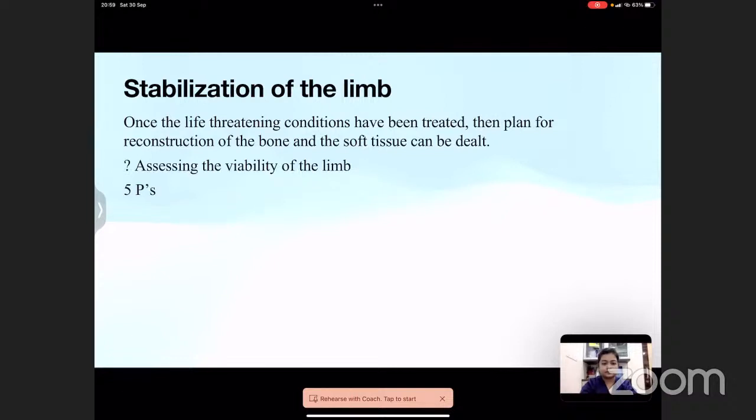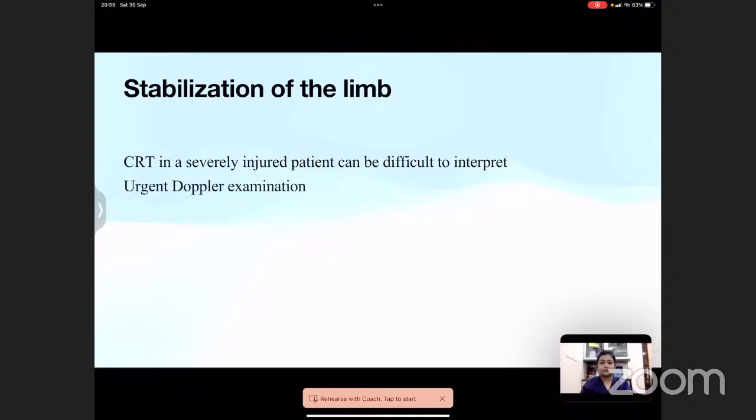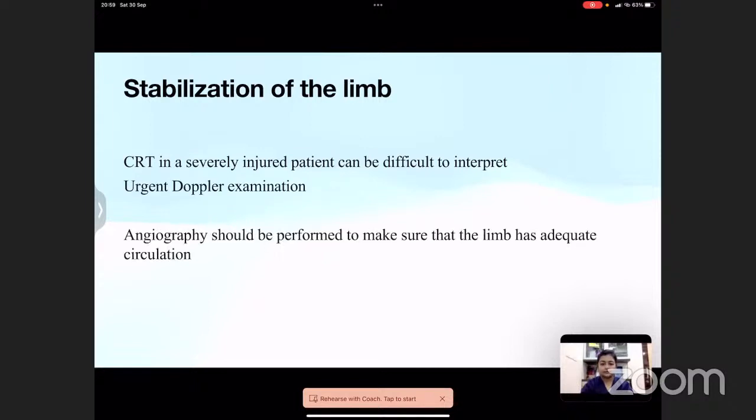The 5 P's, all of us know: pain, pulselessness, pallor, paresis, and paralysis. In this type of case, capillary filling is very difficult to interpret, so an urgent Doppler examination will help us. And angiography should be performed to make sure adequate perfusion and circulation are intact.